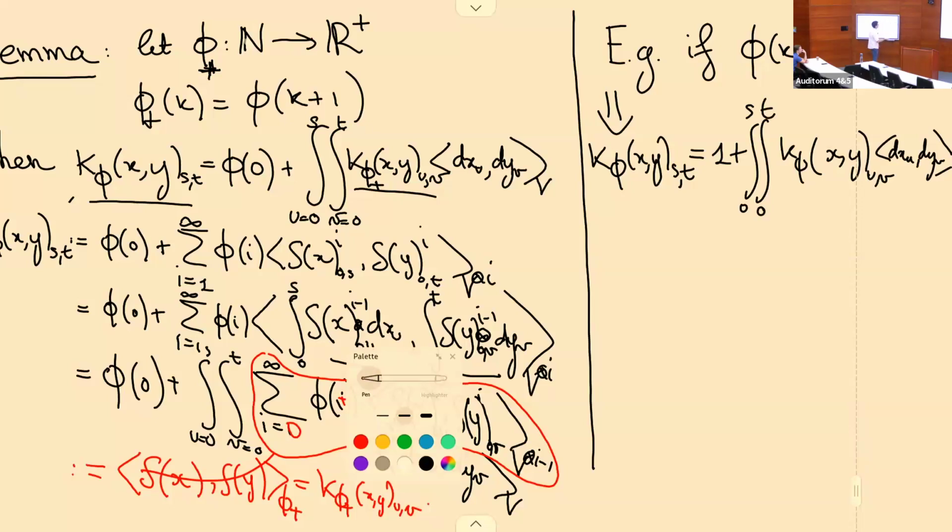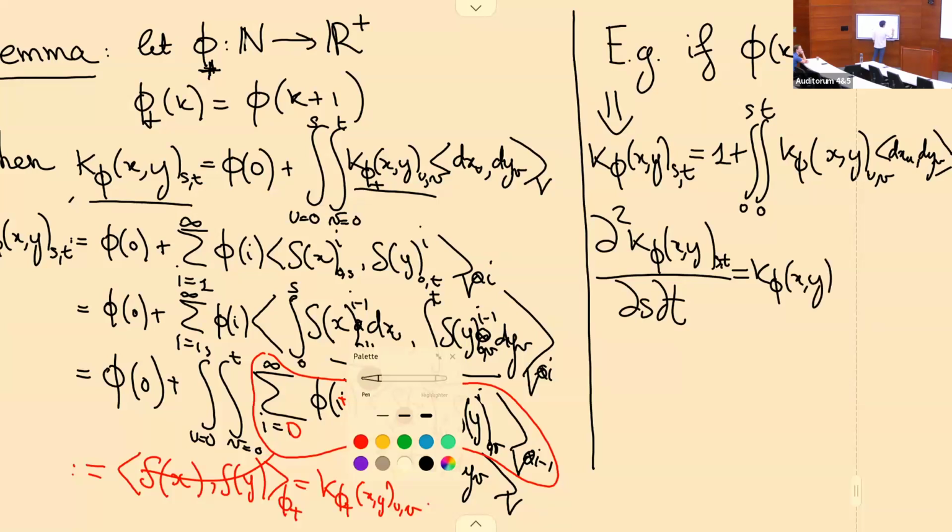Then you can differentiate with respect to s and t on both sides, and there you get a PDE: the mixed derivative of k phi xy at st is equal to k phi xy st times dxs dyt. Okay, so that's a PDE.